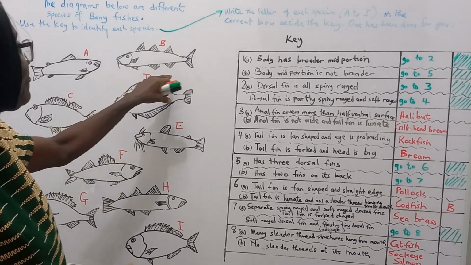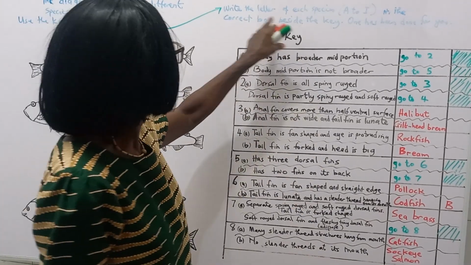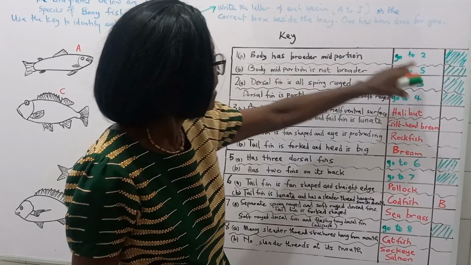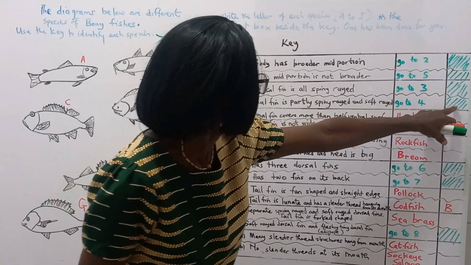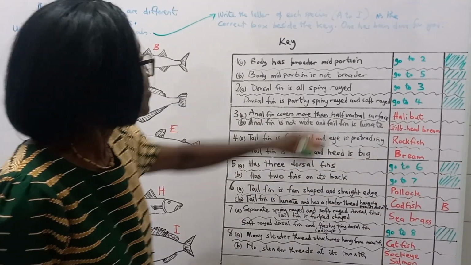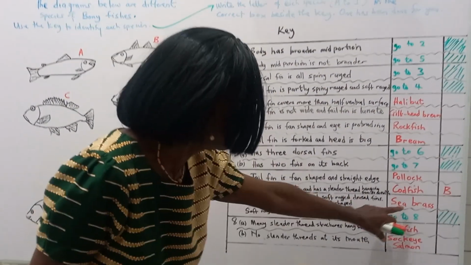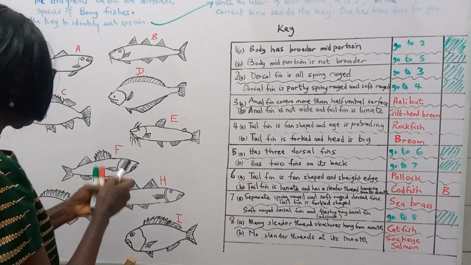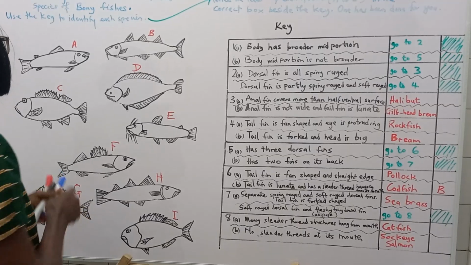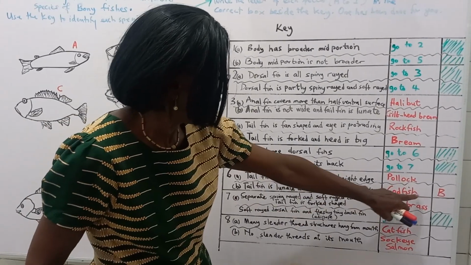So you identify the species using the key, and you write the correct number in the box beside the species. And one has been done for you. So you look through, one has been done, and the one that has been done is B. So let us quickly strike out B. It's been done for us. And B is called fish.